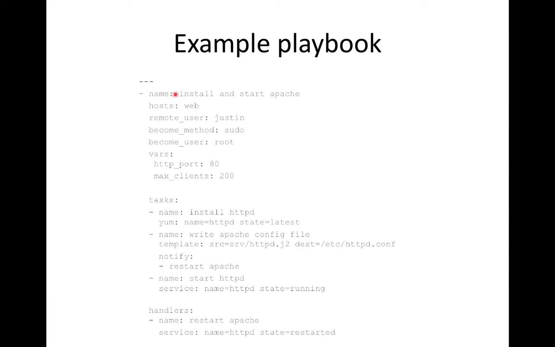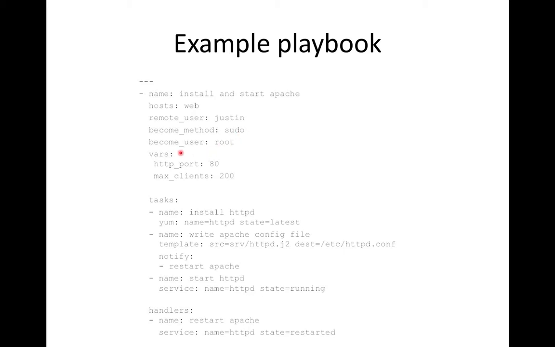So for this play we give it a name, which is install and start Apache. It's going to be run against the web hosts in our inventory, and we provide it with some user credentials that Ansible will use to log into that server to run the configuration tasks.